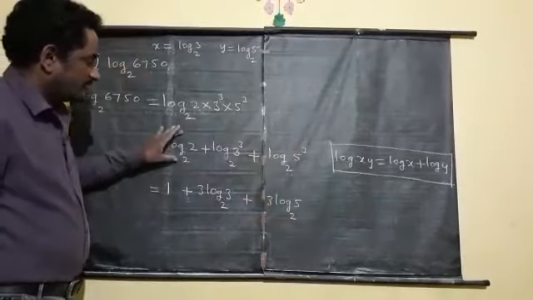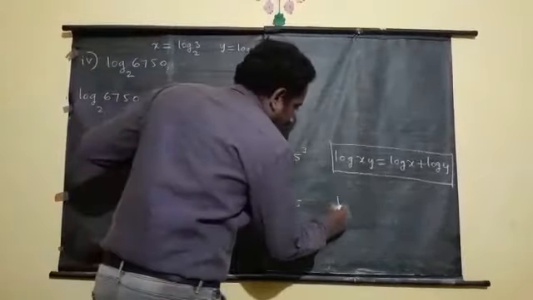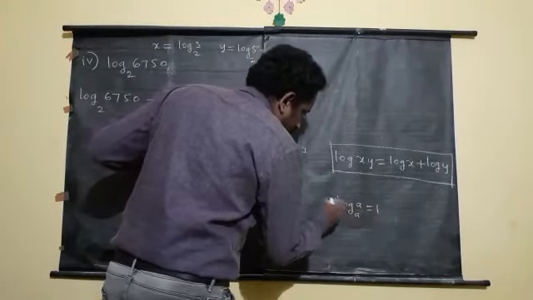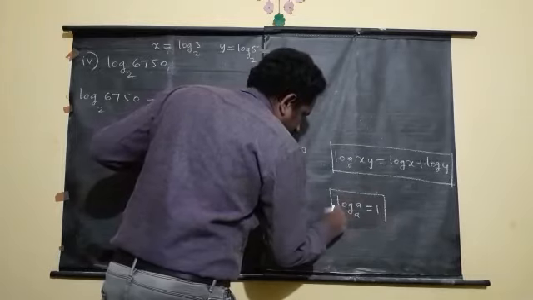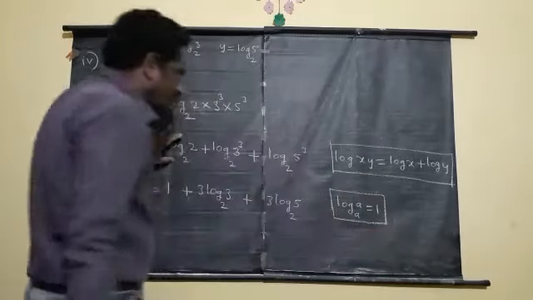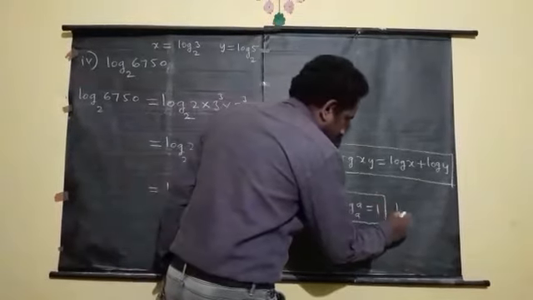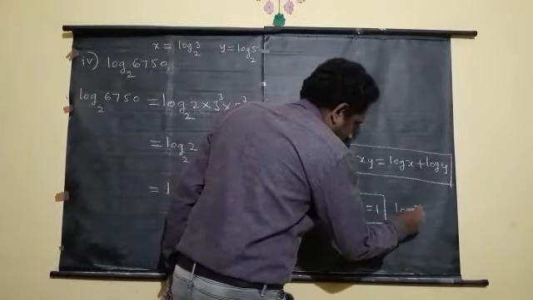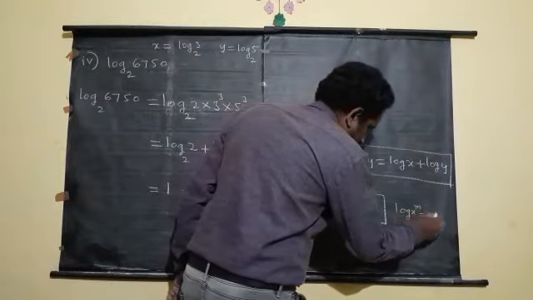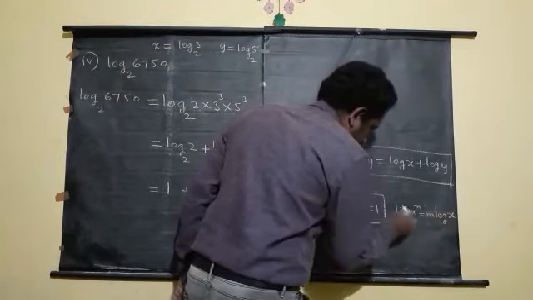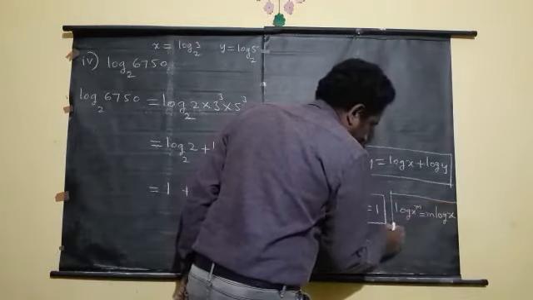Which formulas did we use for this? Log a base a is equal to 1. This is one formula. And one more formula, log x to the power of m is equal to m log x.